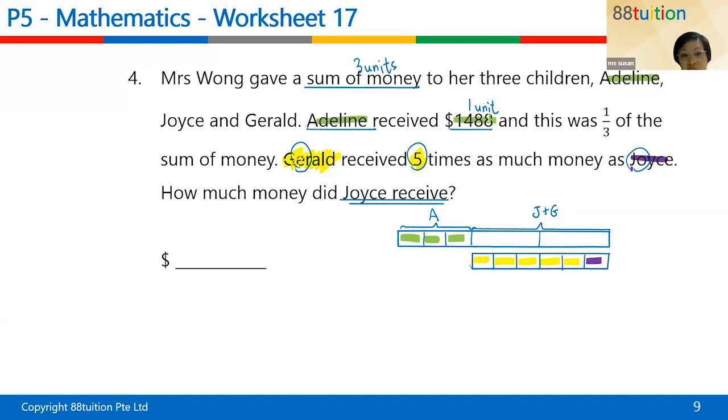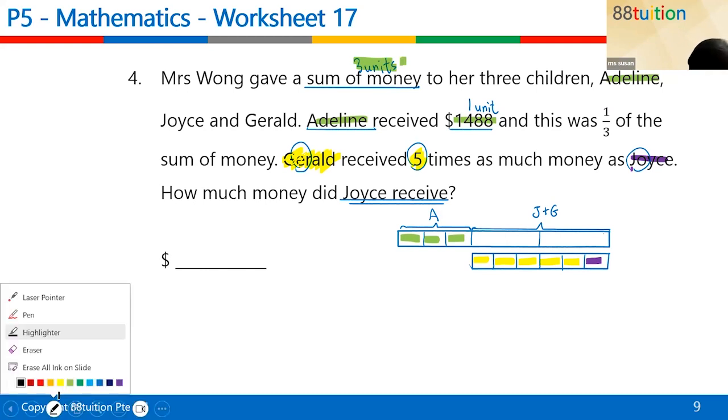Do you see this? Okay. So A is technically 1 unit of the total, but now 1 unit is cut into 3 parts. So now the total sum becomes how many units? Times 3, right? So now the new unit equals 9.